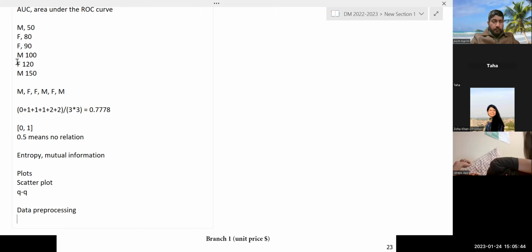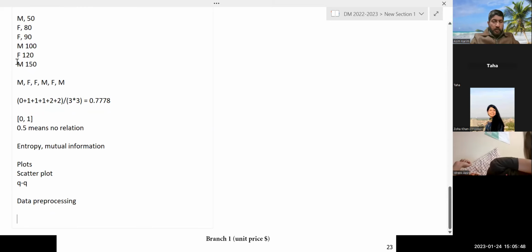ठीक है. So let me give you the categories that are used in the textbook by Han, and then we will discuss some other things. So the categories are basically data cleaning. Then we have integration, so essentially trying to merge two data sources. And then we have what is known as reduction.